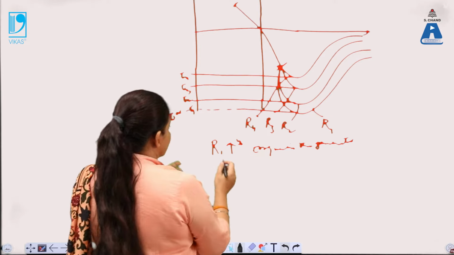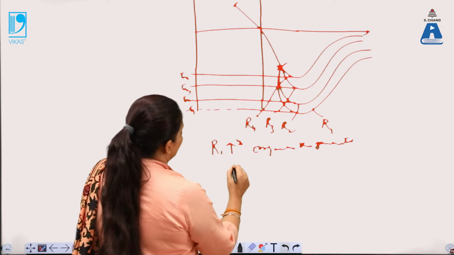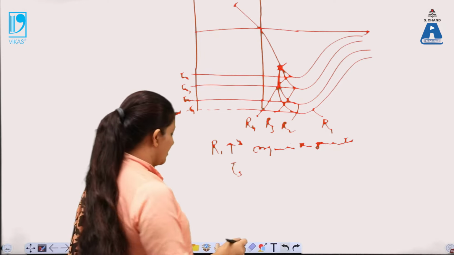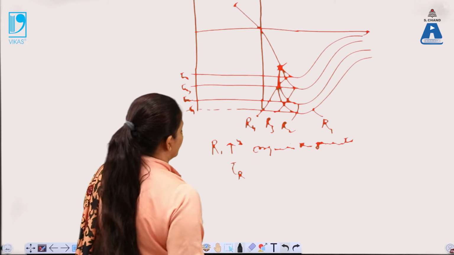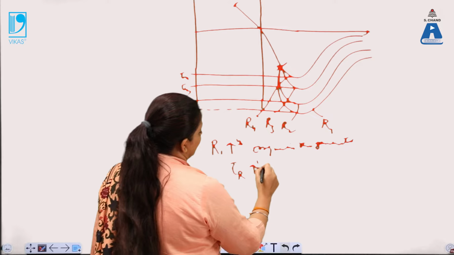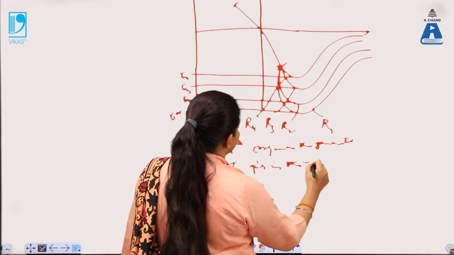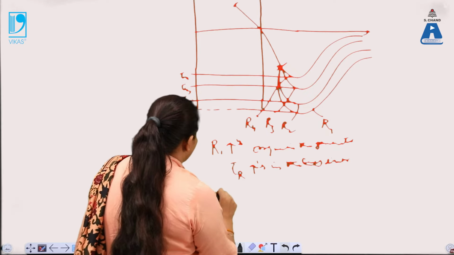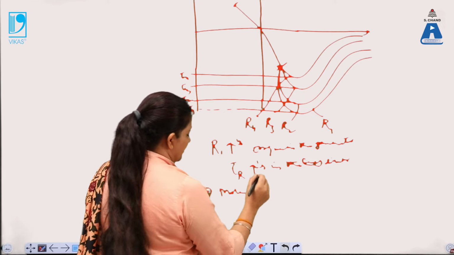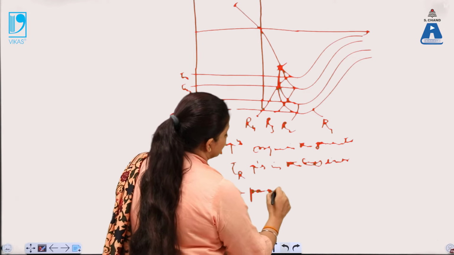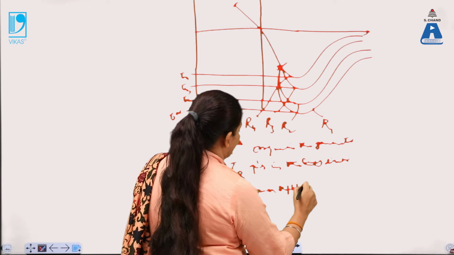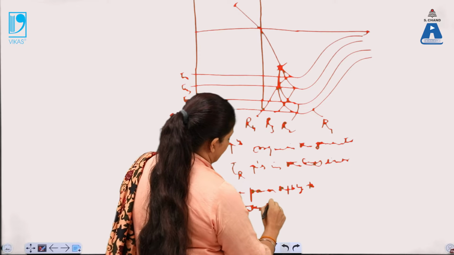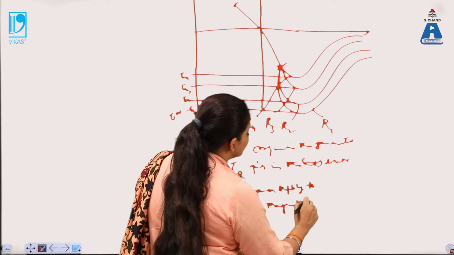So this implies as the R goes on increasing, the value of the torque changes as the R changes over here. So we will represent it here as tau R. That will also increase in the negative direction. That means more power supply is required to rotate the magnets in the opposite direction.